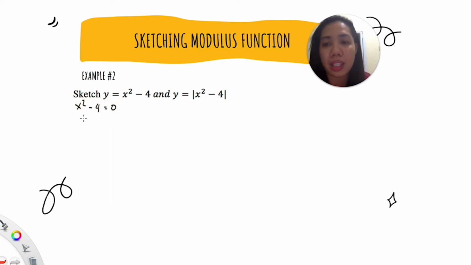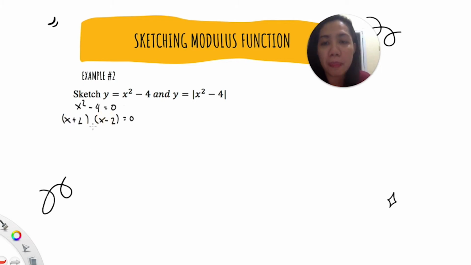Now we factorize this. Actually, this is a simple factorization. We have x, and then the 4 is the multiplication of 2 and 2, and to get the middle term, we have positive 2 and negative 2.